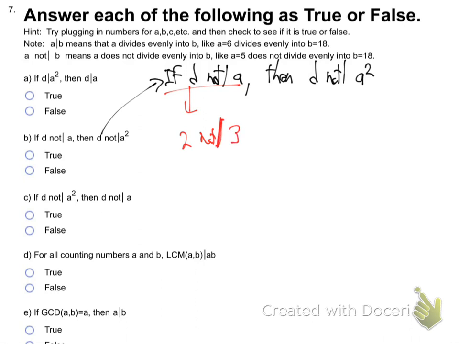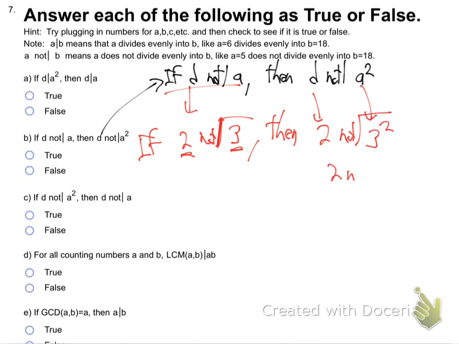That's true, right? 2 does not divide evenly into 3. I met their if. They said, give me a D that does not divide into the A. Then D, that 2, will also not divide into 3 squared. 2 does not go into 9 evenly. Is that true? Yeah, that's true.